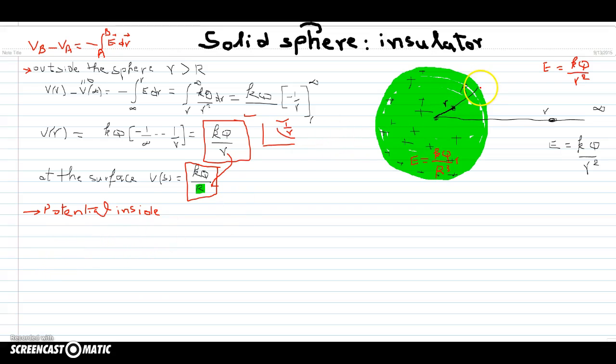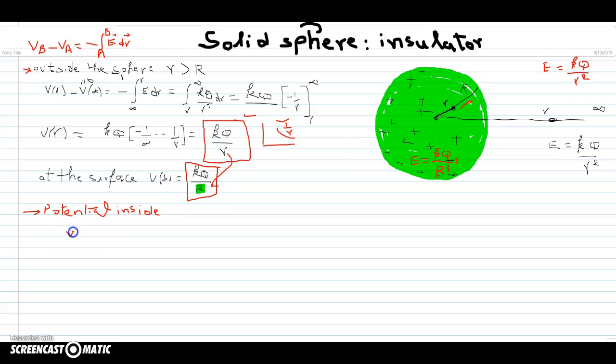I'm going to start from the surface and travel to position r and see what is the voltage difference. So let's go from this point to the surface. The starting point is r, the end point, the surface. How does the voltage change when you go from r to R?